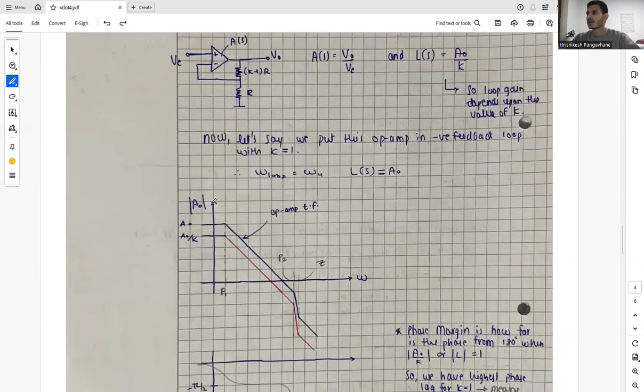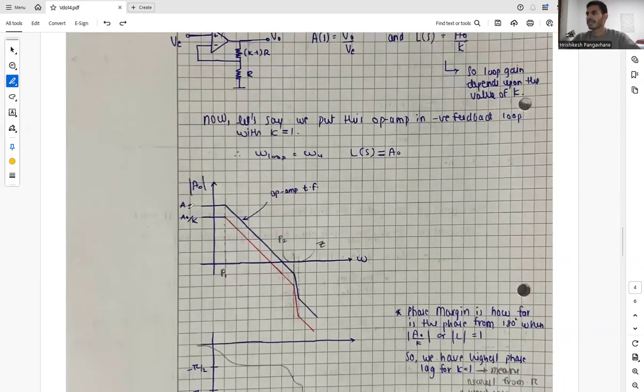Now if you plot a Bode plot for A naught, when our loop gain is A naught and the value of k is 1, this is where we can see our curve in the blue line, and this is where our P1 lies, this is where our P2 lies, and this is where our zero lies.